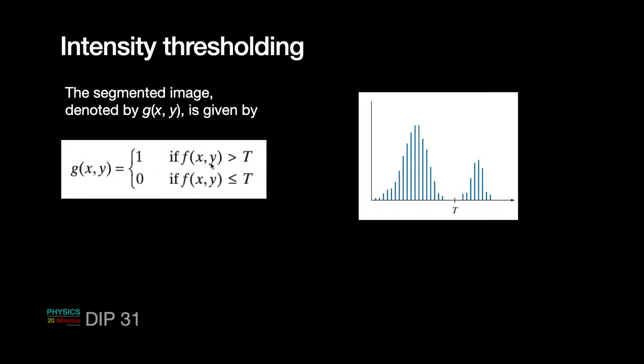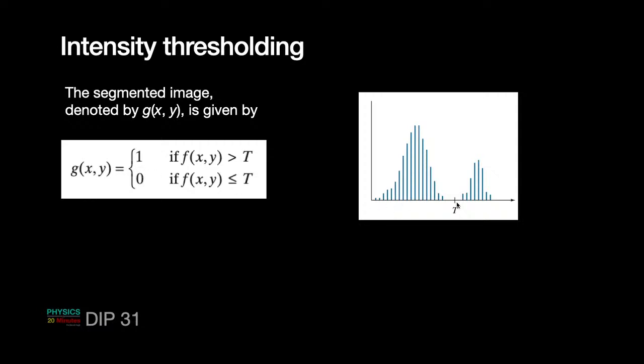If f of xy is my input image, and if I know this threshold value t, then if f of xy is greater than the threshold, the output image will become 1, and if f of xy is less than t, then the output image is 0.